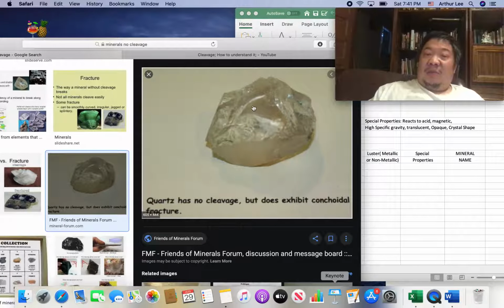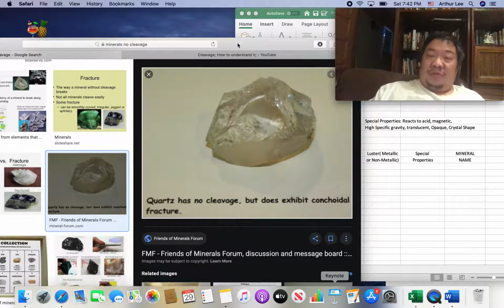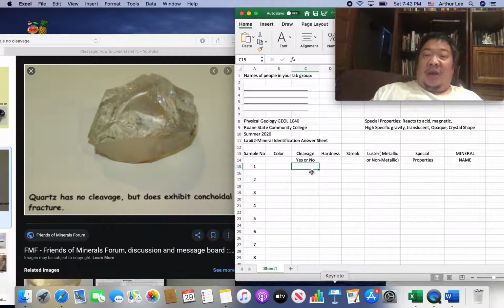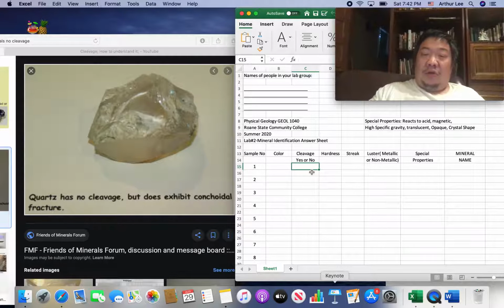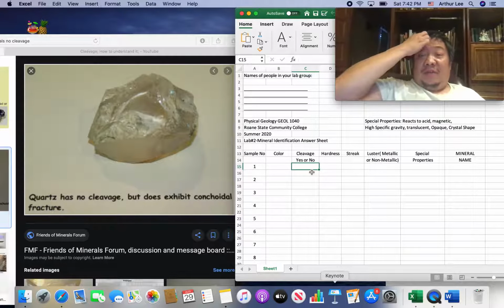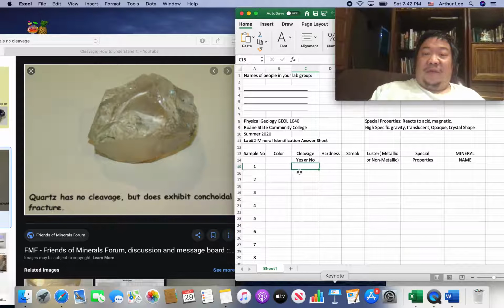If I hit this with a ball peen hammer, you could not predict how it would break. So we say that it has no cleavage. And another way of saying no cleavage is it fractures. So here in this column you can say cleavage, yes or no. Does the mineral have cleavage? Try and figure that out. If you can figure out how many directions of cleavage, you can put that in the box below.